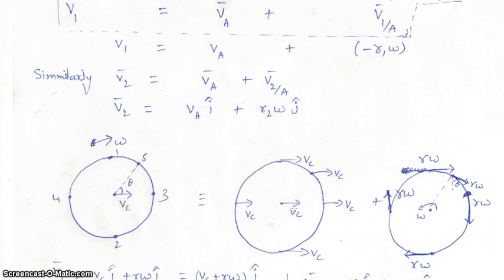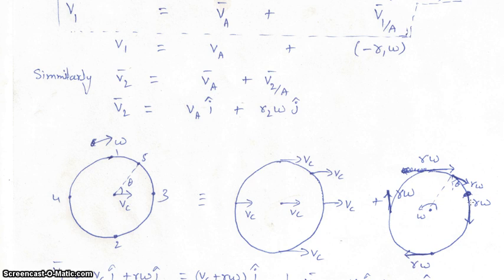Again we give VC to all the points as pure translational motion, and we fix the center and rotate it with the angular velocity of the body. By mistake I have shown this arrow in the reverse direction, it should be clockwise.